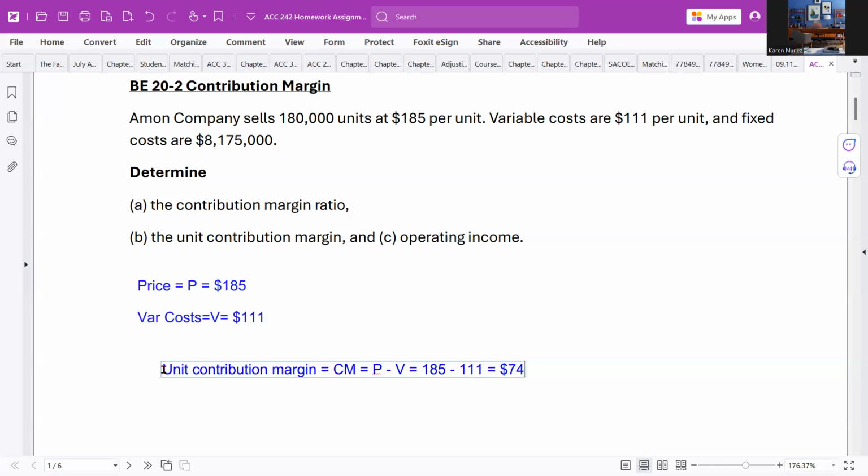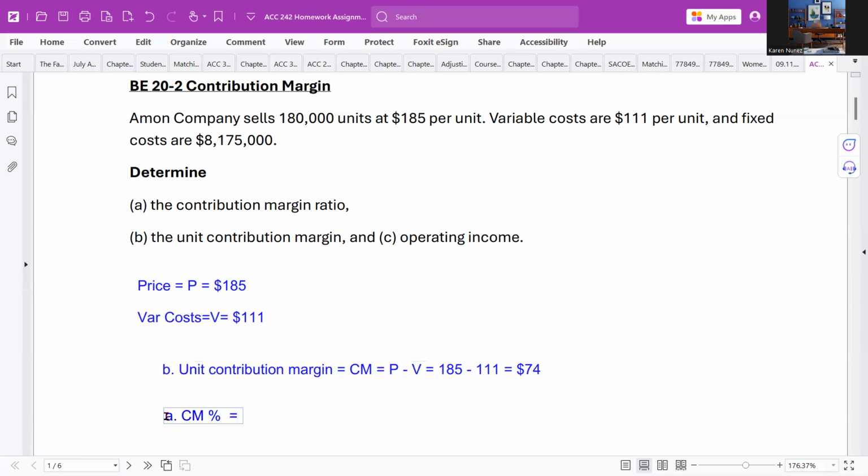And if we want that expressed as a ratio, right? Let me go ahead and label this here. It's B, the unit contribution margin. But we also need the contribution margin ratio. I like to abbreviate that contribution margin ratio as the CM percentage, right?